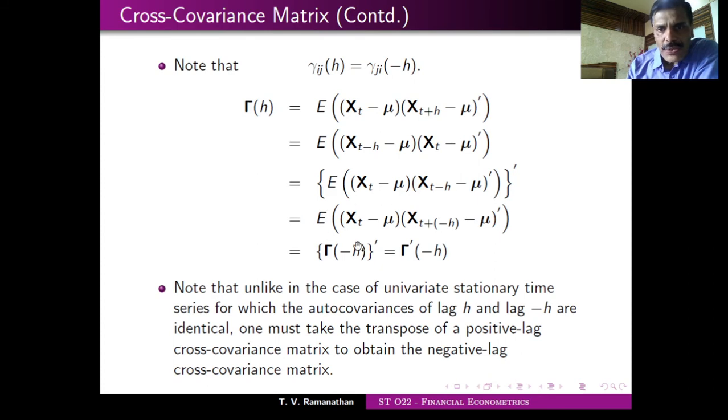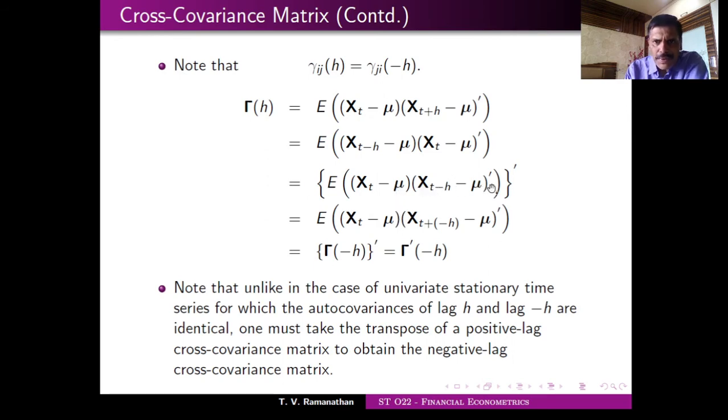Now, once you have this, the prime of this is this. So I'll be able to see that, for the covariance matrix, this prime is essentially the same as this quantity itself, which is x_t minus mu times x_t minus h.